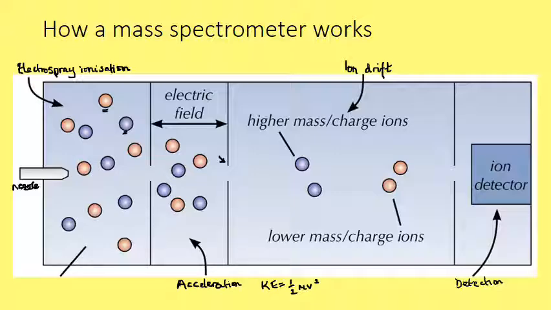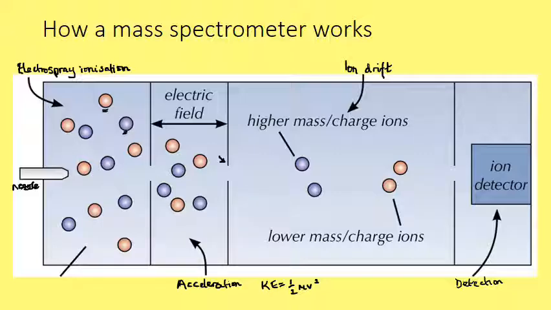What's going to happen is that in a real machine, you've got the nozzle at an angle to the actual ion drift and electric field chambers. But if you look carefully, you'll see a sample being injected in, and there will be an electric field applied to that, and so you'll have different coloured particles travelling vertically up the screen in the machine, and they'll be reflected off the top of the machine to a detector at the bottom.